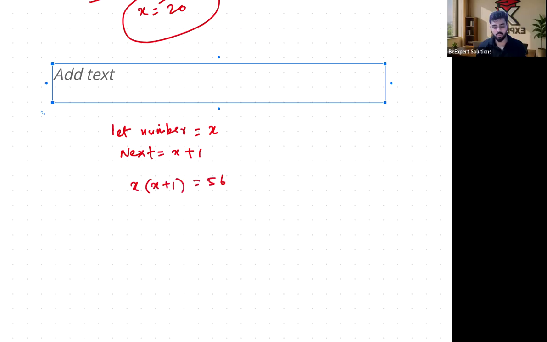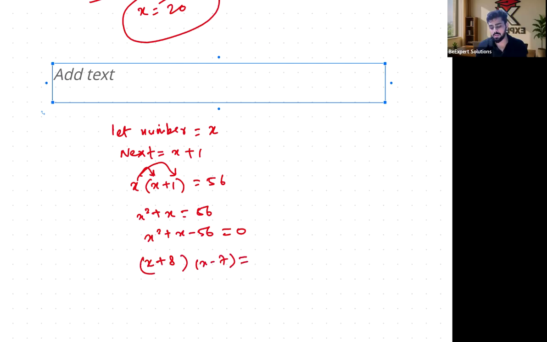You make the product x square plus x equals 56. So that makes x square plus x minus 56 equals 0. Apply that, factor it out. If you factor, this is pretty simple. x plus 8 and x minus 7, which means 8 times 7, you do minus 7, you will get minus 56.